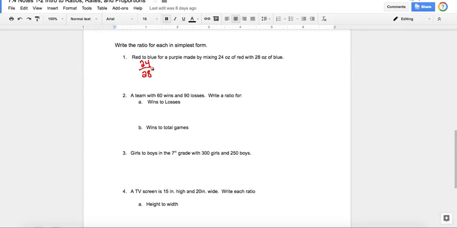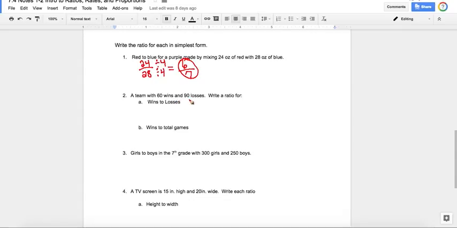Well, most of you are thinking 2 because it's even, but if it's even, then sometimes I can try 4. And in this case, 4 works. So I'm going to divide top and bottom by 4. 24 divided by 4 is 6. 28 divided by 4 is 7. And it simplifies to 6/7. So the ratio is 6 over 7, or 6:7.